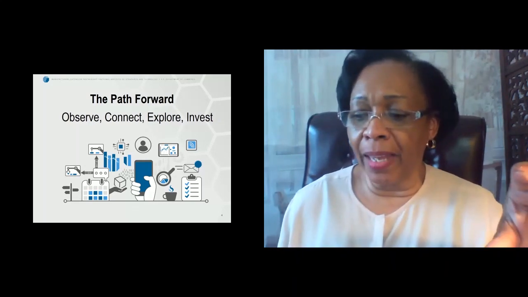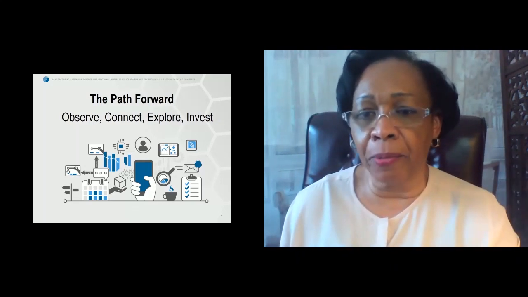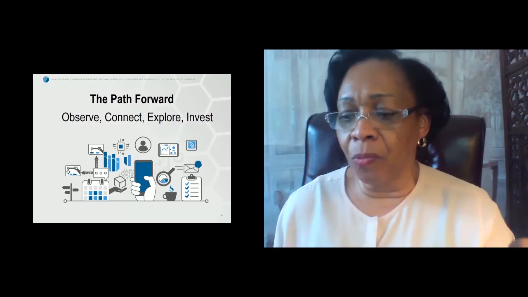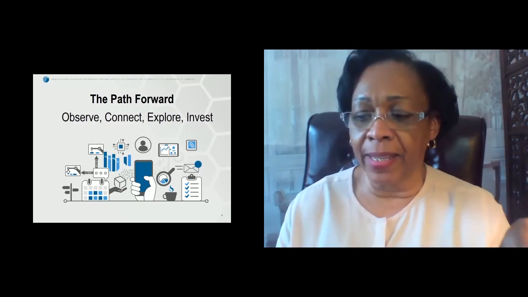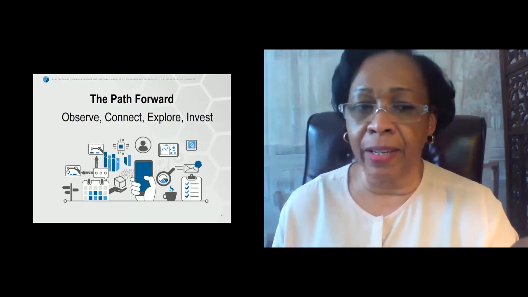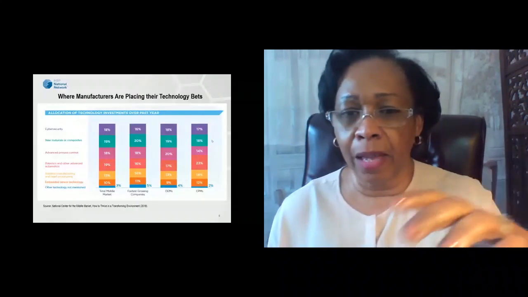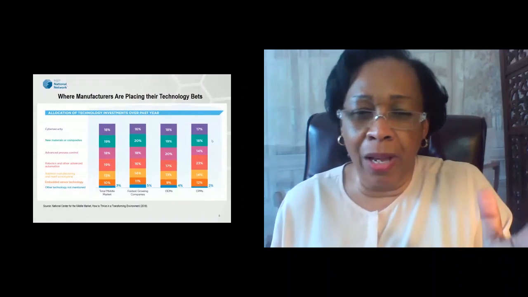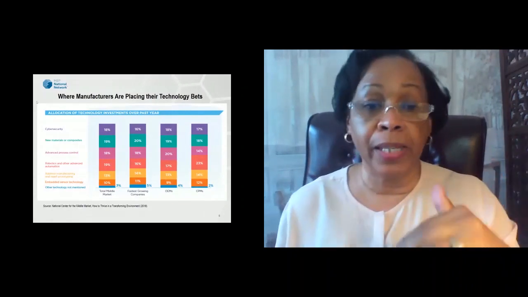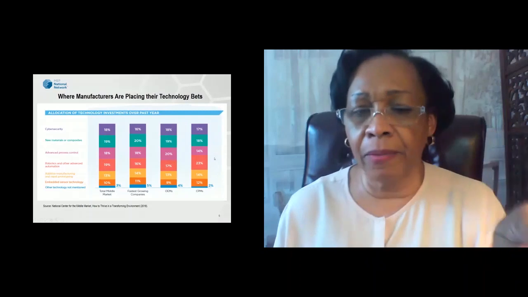And so here is just very briefly what other companies are investing in. This comes from the National Center for Middle Markets. These are the companies between 1 million and 1 billion, depending on what industry you are. They're the middle of the market.